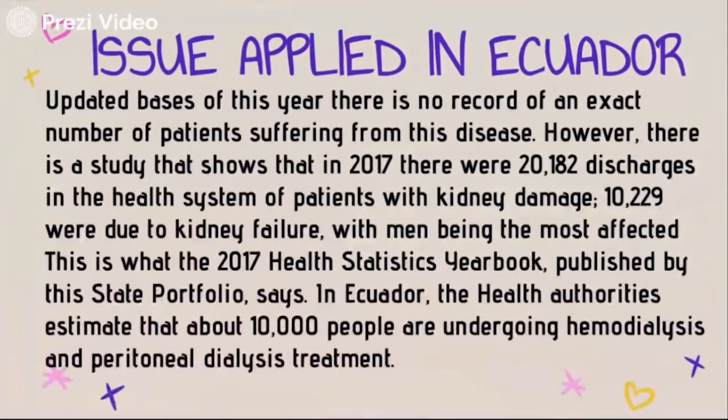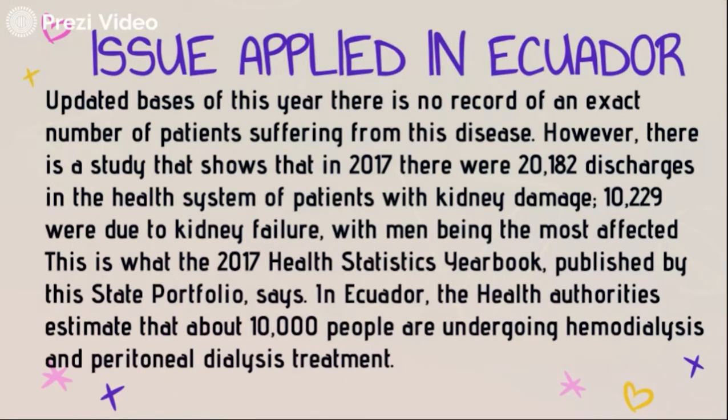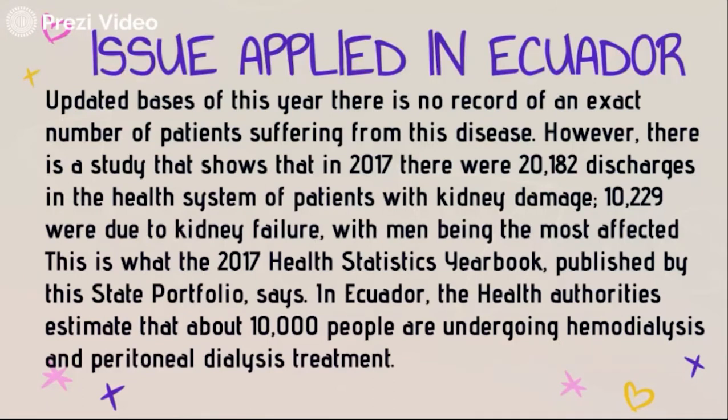About the issues in Ecuador, to date there is no record of an exact number of patients suffering from these diseases. However, there is a study that shows that in 2016 there were 20,182 discharges in the health system of patients with kidney damage. 10,229 were due to kidney failure, with men being the most affected.